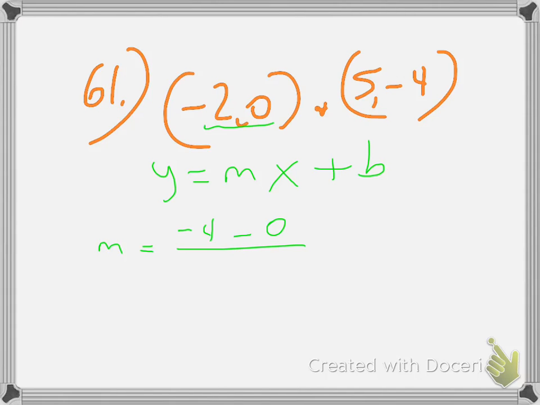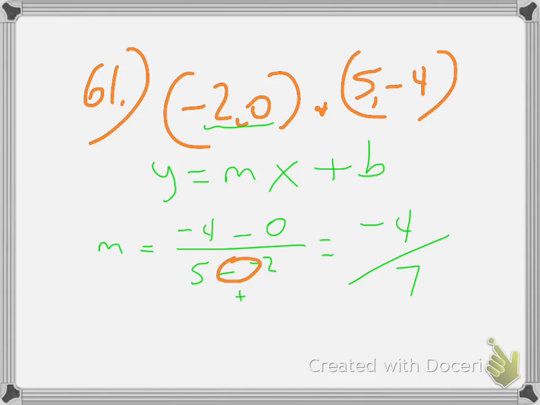Then start with the second x, 5, take away negative 2. Just be careful about these negatives. So that becomes plus 2. On top we have minus 4 over 7. That's the slope. Not a beautiful slope, since it's not the nicest fraction, but you know you're sloping down.